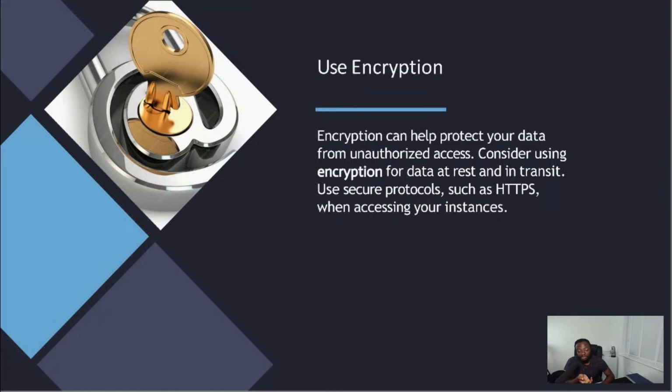So, enable encryption protocols like TLS/SSL for data transmitted to and from your EC2 instance. This applies to data transfer over the network, such as web traffic, API requests, or data exchange over AWS services as well. So secure communication channels using encryption will definitely help you protect your instances as well.